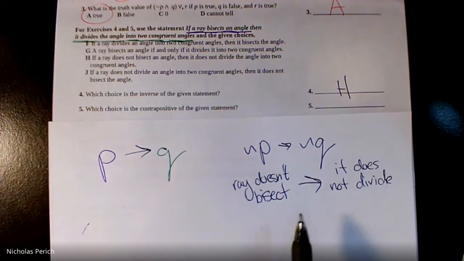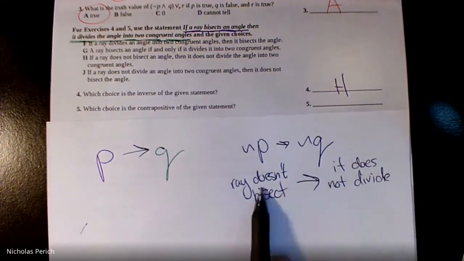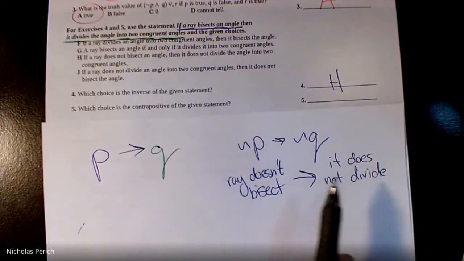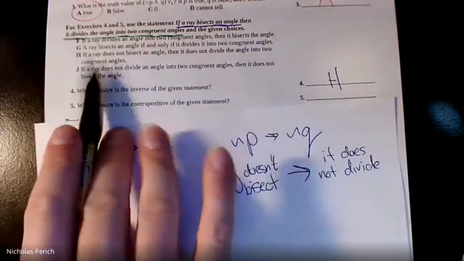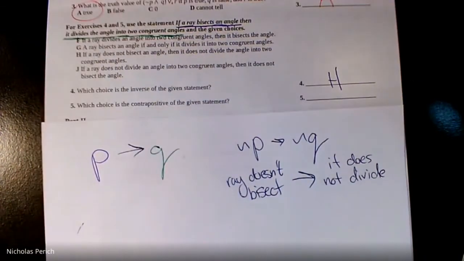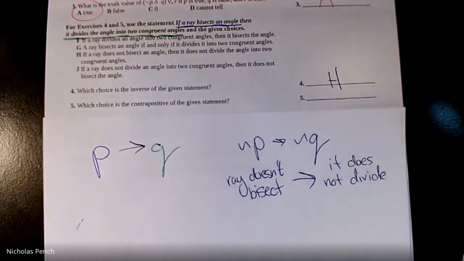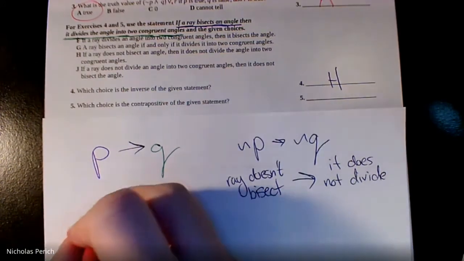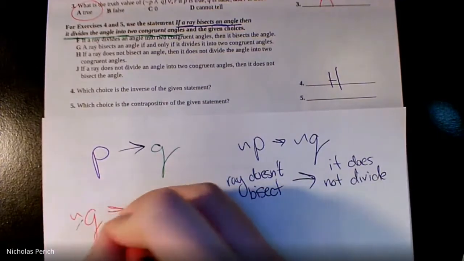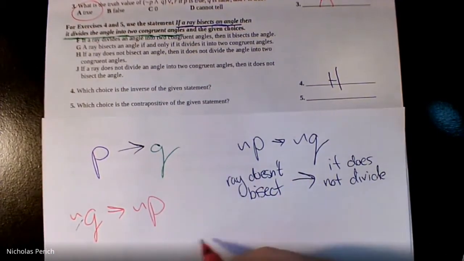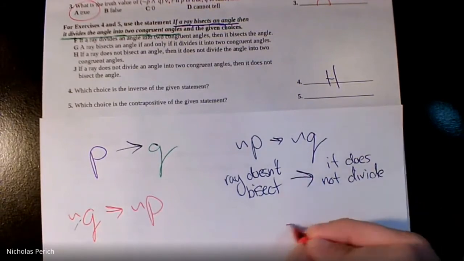Now, I was lazy here in the way that I wrote it out, but I wrote it in a shortcut way so that I can go to my multiple choices and feel all right about what I did. The contrapositive is when you flip literally everything. Contrapositive is not Q turns into not P. So it's going to be the same as this, but reversed.